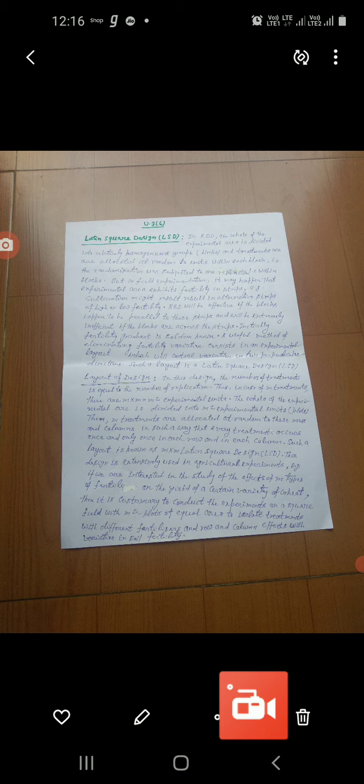For example, if we are interested in studying the effect of m types of fertilizers on the yield of a certain variety of wheat, then it is customary to conduct the experiment on a square field with m square plots of equal area, to isolate treatments with different fertilizers and row and column effects with variation in the soil fertility.